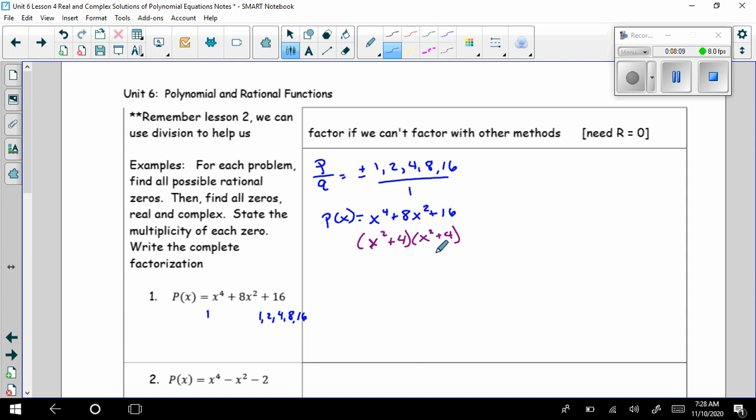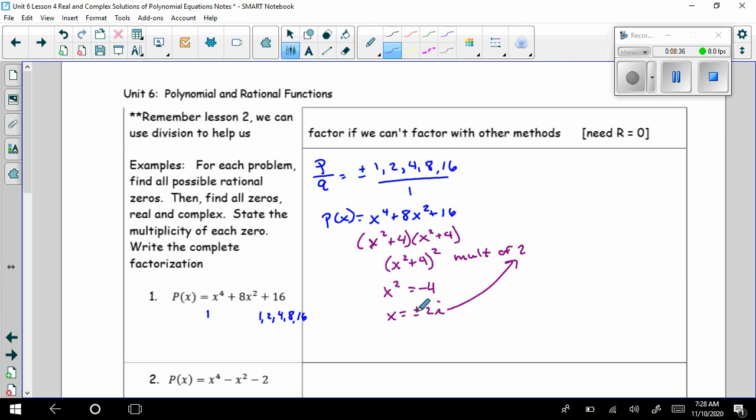Both of these will solve the same because we have x squared plus 4 with a multiplicity of 2. All right, if we solve this out, we get x squared equals -4, so x equals plus or minus 2i, which then also has a multiplicity of 2.